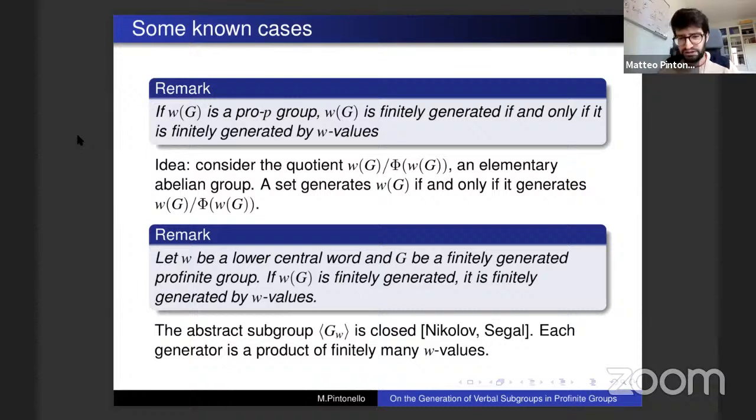If it is finitely generated, then it is also finitely generated by word values. The idea is that the theorem of Nikolov-Segal assures that the abstract subgroup is closed, so it coincides with its closure as a profinite subgroup, and so each generator is simply a product of finitely many word values.